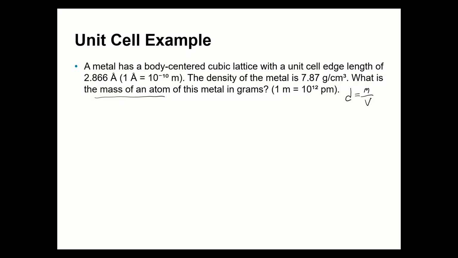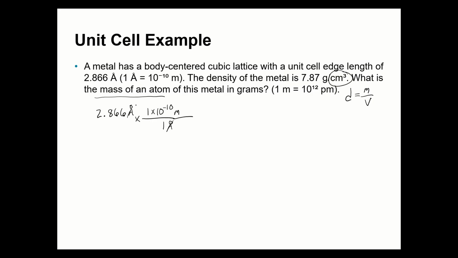So if we start out with the edge length, remember that density is in centimeters cubed, so we're going to have to take those angstroms and convert them into centimeters. So if we start out with the edge length of 2.866 angstroms, we're going to have to multiply by the 1 times 10 to the negative 10th meters for every 1 angstrom.